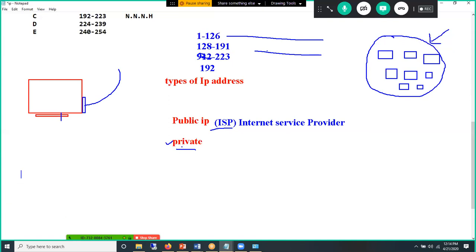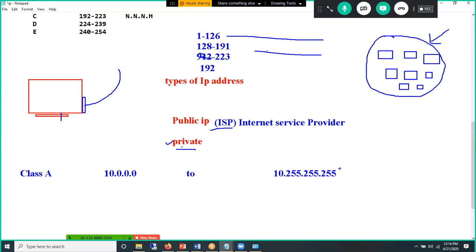So class A, IANA has given one free range, starting from 10.0.0.0 to 10.255.255.255.